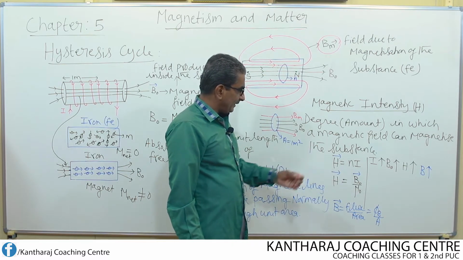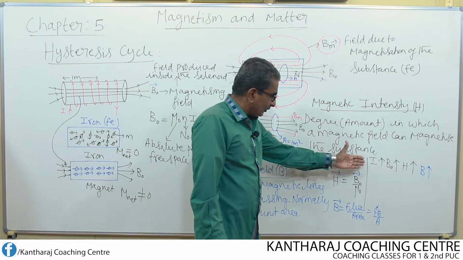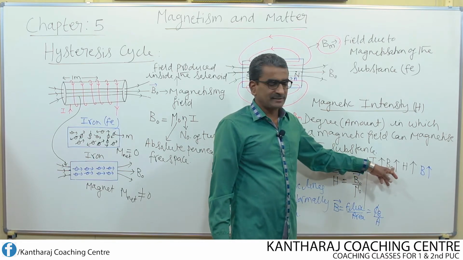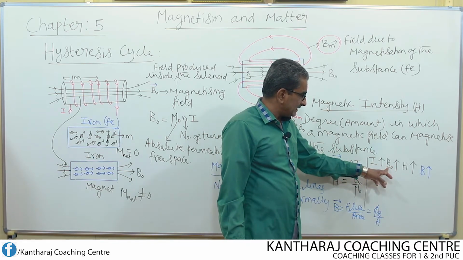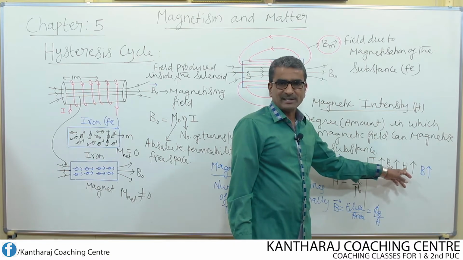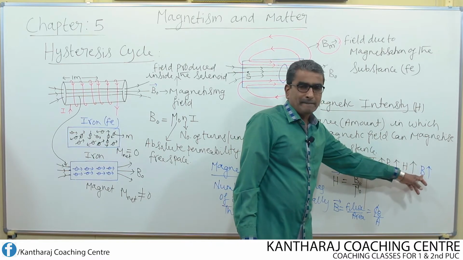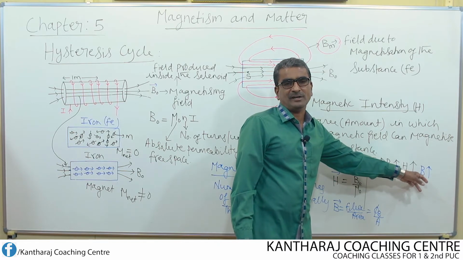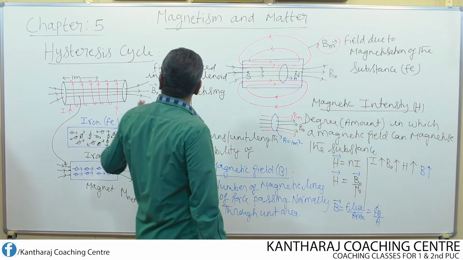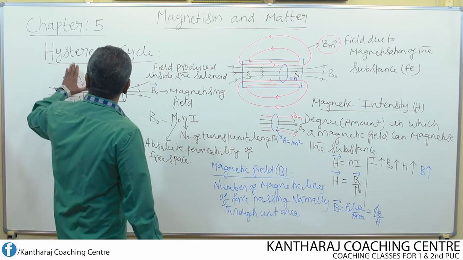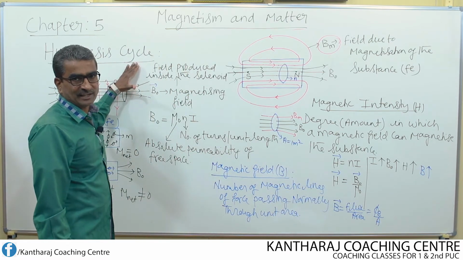So finally we can conclude that on increasing I, the magnetizing field increases. By increasing the magnetizing field, H can be increased. If H increases, finally the magnetic field also increases. So these are the terms we make use of to understand the hysteresis cycle.